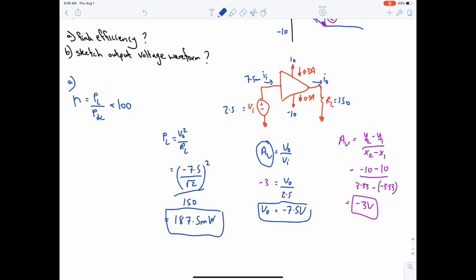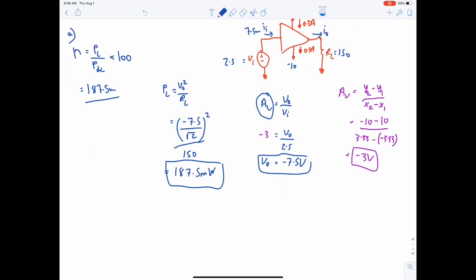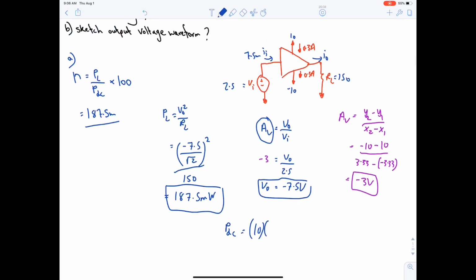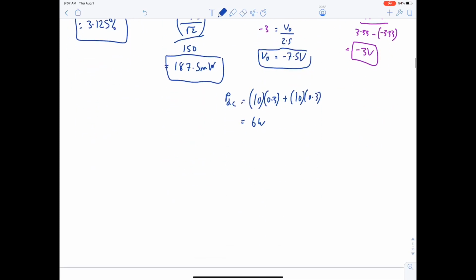Okay, now we need to find PDC. PDC is 10 multiplied by 0.3 plus 10 multiplied by 0.3, which is equal to 6 watt. 187.5 milli divided by 6, multiplied by 100, this will give us 3.125%.